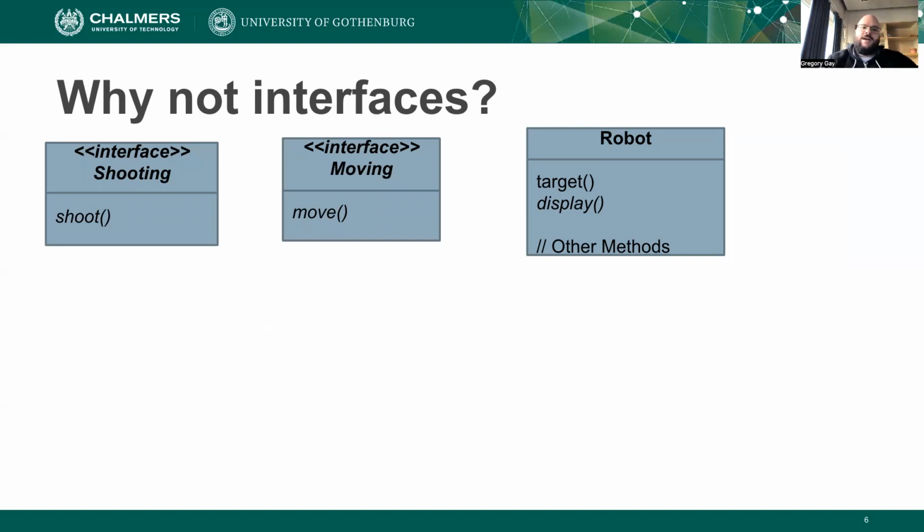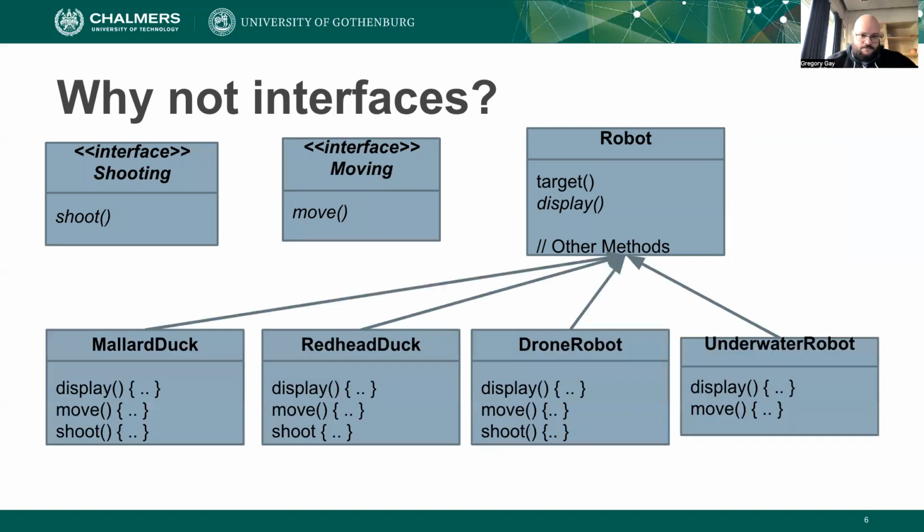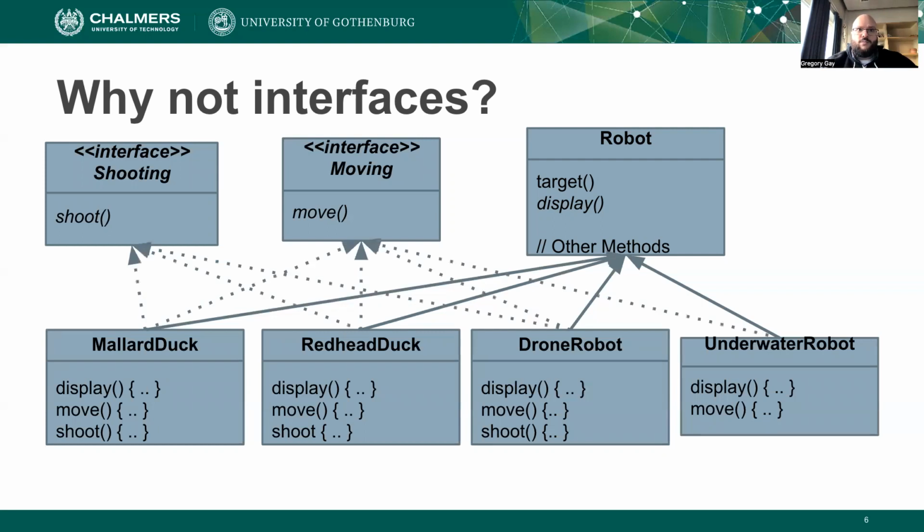Okay, so we've moved out moving and shooting as their own interfaces, and now we implement our bots. The robots all inherit target still from the base parent class, and they all implement display. And now some of them move and some of them shoot and some of them do both. So when appropriate, they implement the right interfaces.